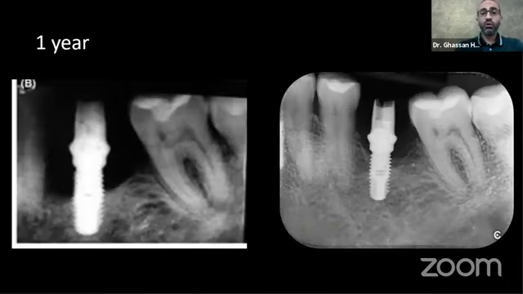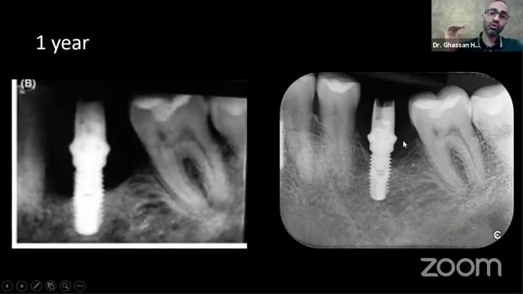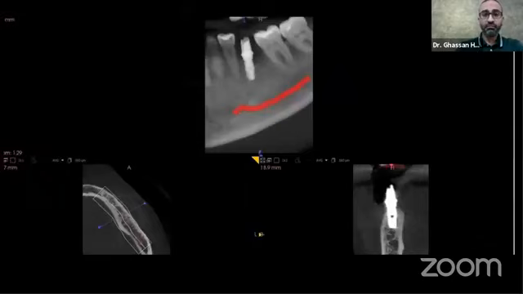This is how it looks before, and this is how it looks after 1 year. We have almost complete coverage or complete regeneration without any gram of bone graft. I didn't use any bone graft in this case, just non-surgical treatment assisted with diode lasers and low-level laser therapy. If we see, it's not just mesial and distal.